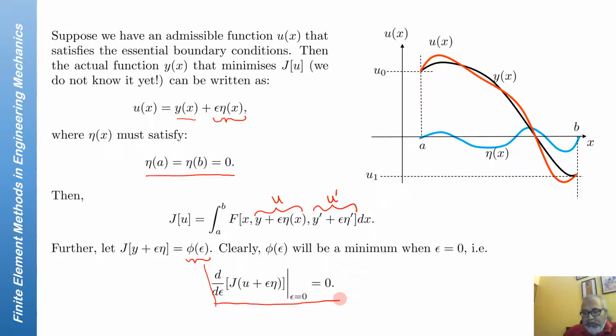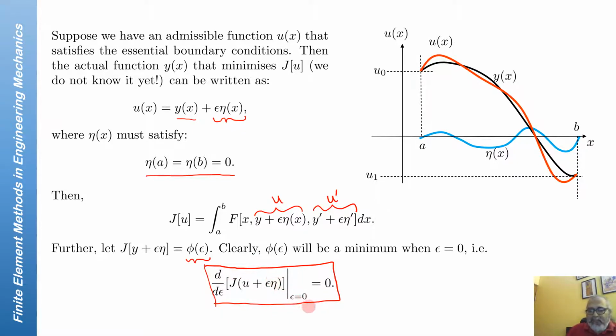So this is actually an identity. What we have written here is that d phi by d epsilon has to be equal to 0 for this to be a minimum. But then we know that this is a minimum when epsilon equal to 0. So we know at the minimum this will be equal to 0, and we know where the minimum is.